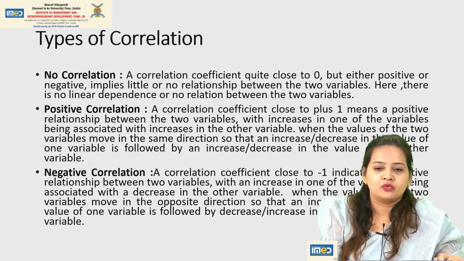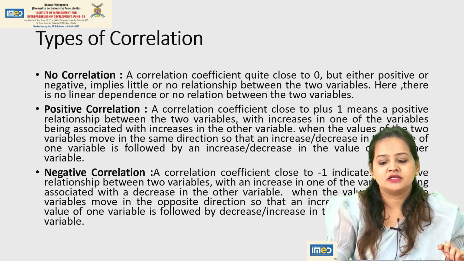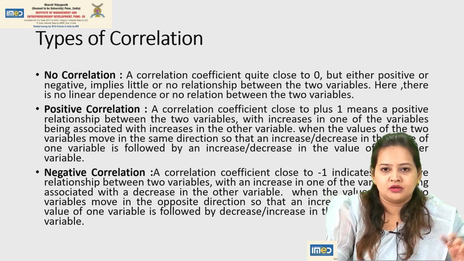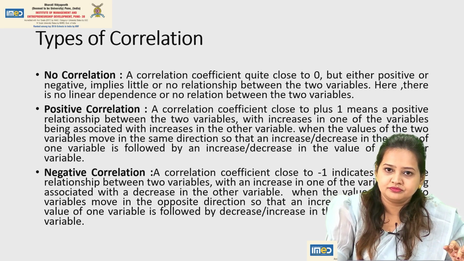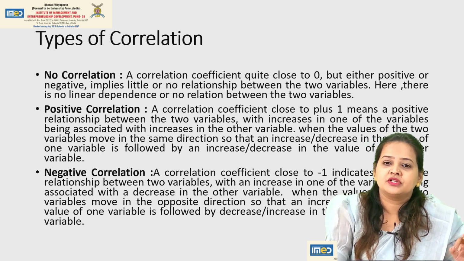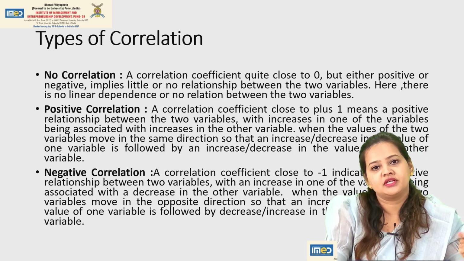We have here students from different specializations like arts, science and commerce. Respective to your junior college studies, you can think about different examples from your particular stream. Let us take science for example. You can take a formula which is inversely proportional. For example, speed is inversely proportional to time.